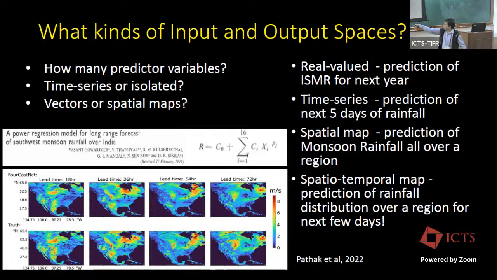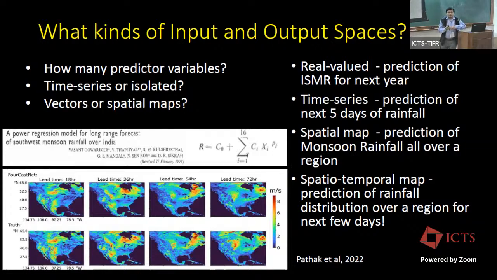After 36 hours, this is what it will look like, and so on and so forth. So the output you expect from these models is these kinds of spatial maps, and that also at different time points. So it's a spatiotemporal prediction problem. That's as complex as this whole thing can get, while this is as simple as the whole thing can get. And in between them, there are multiple steps.